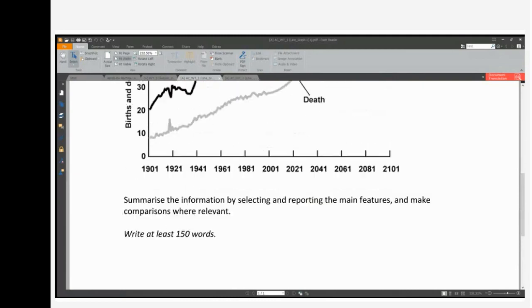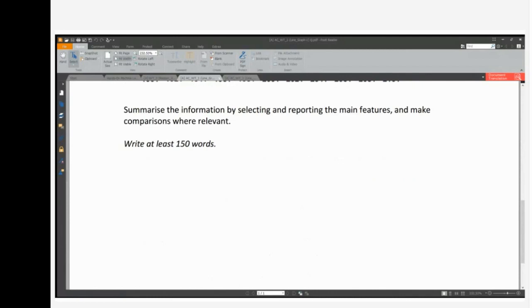Now the question is asking to summarize the information by selecting and reporting the main features and make comparisons where relevant. Write at least 150 words. As I have already mentioned, it is important that you write at least 150 words in your writing task 1. Now, please focus here.